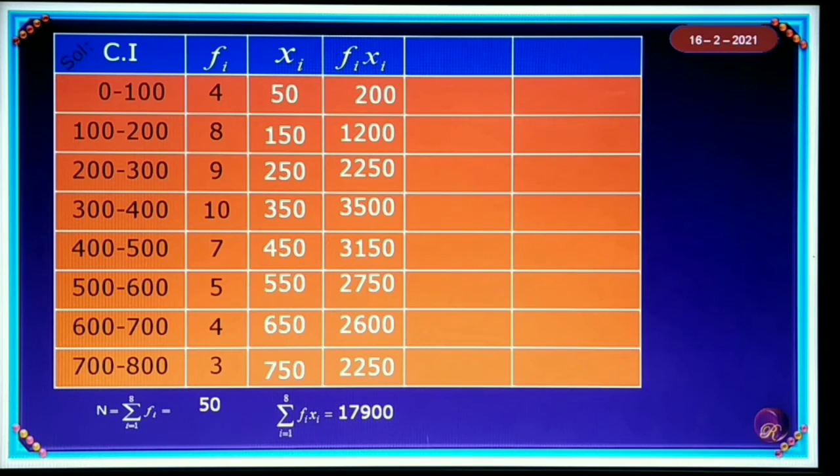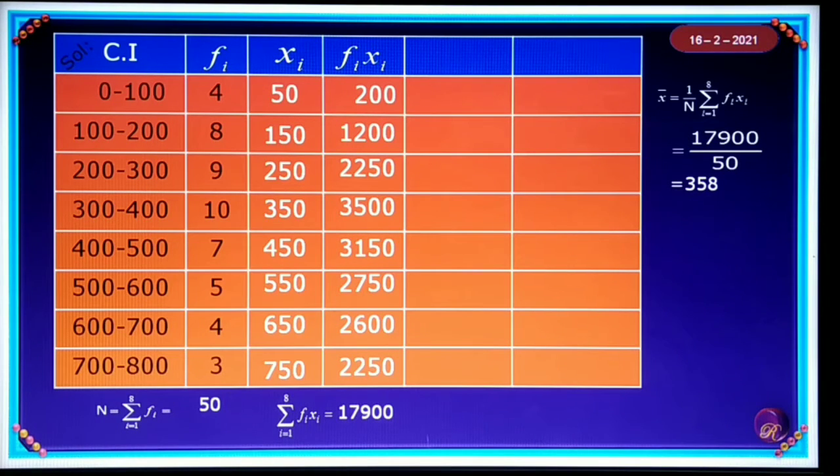Mean x bar is equal to 1 by n into summation of fi into xi, which is equal to 17,900 divided by 50, which is equal to 358.